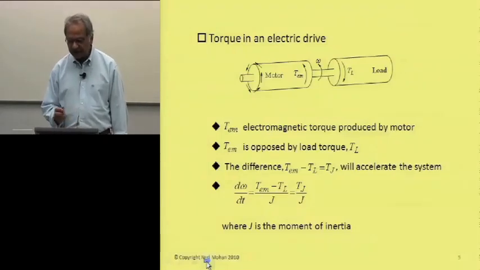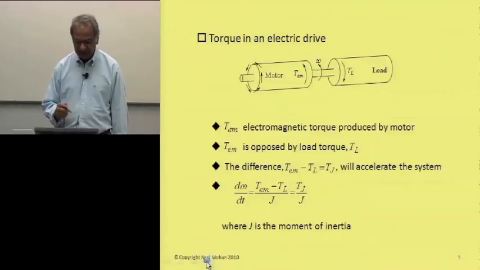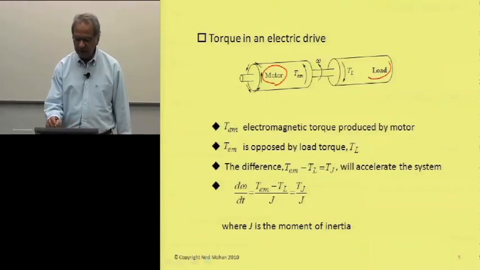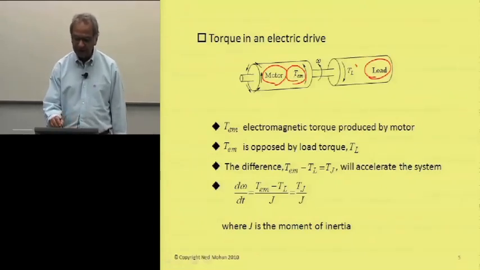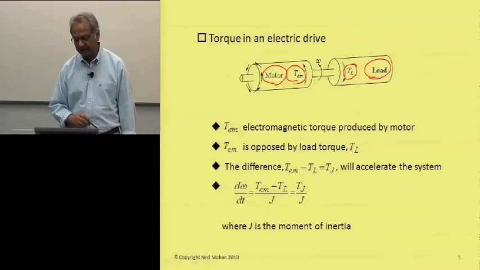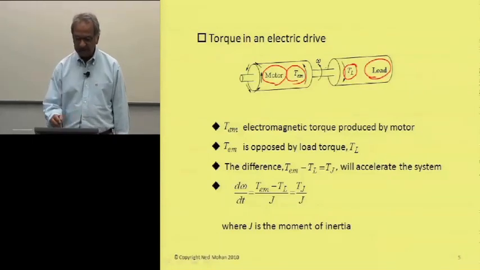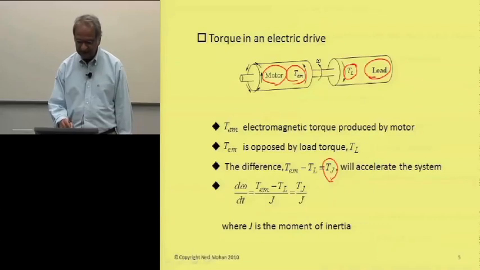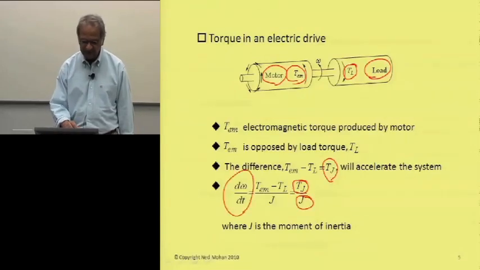So we have this rotating system that we generally encounter in the study of this topic, and we have a motor and we have a load. This motor is developing this electromagnetic torque, and this electromagnetic torque is being opposed by the load torque, T sub L. The difference of these two, let's call it the net torque or acceleration torque, divided by the inertia of this whole system gives us the acceleration.